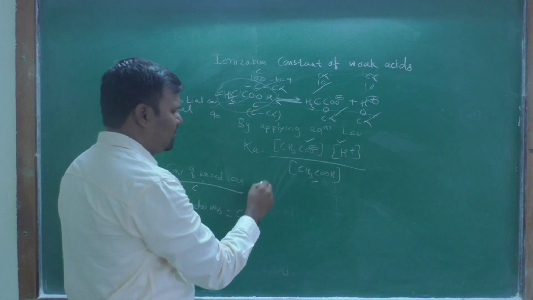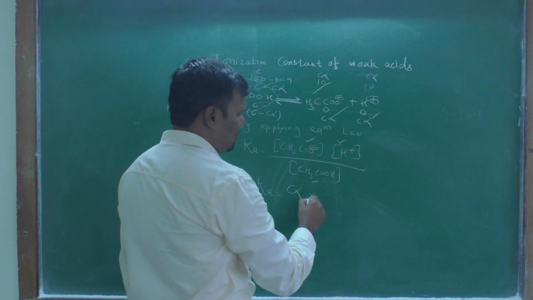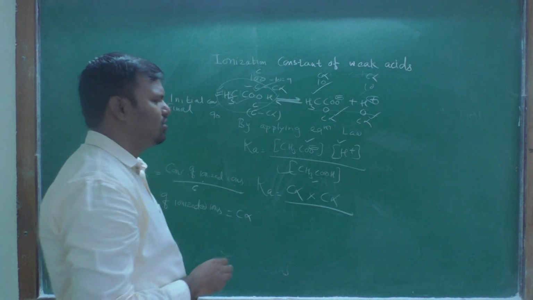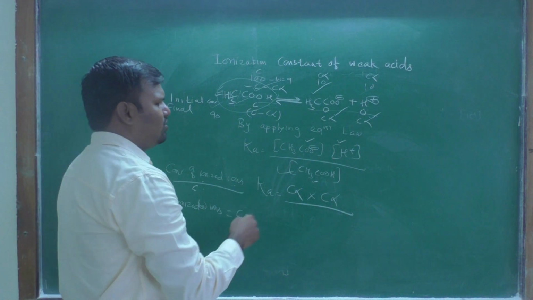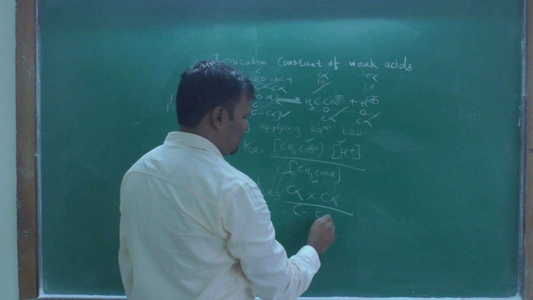By putting the values, Ka is equal to C alpha into C alpha upon the final concentration of CH3COOH, which is C minus C alpha.